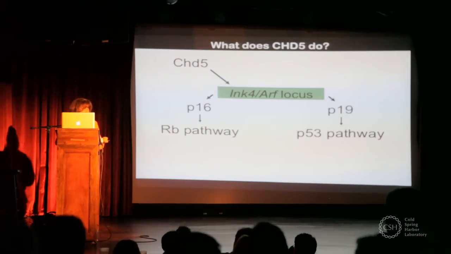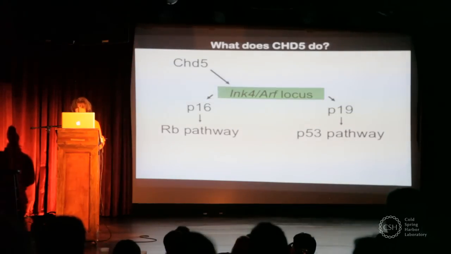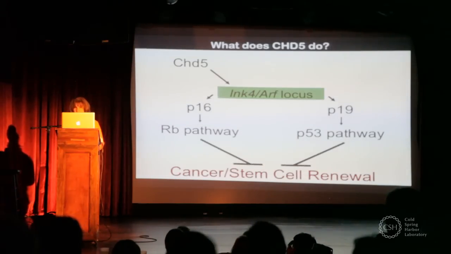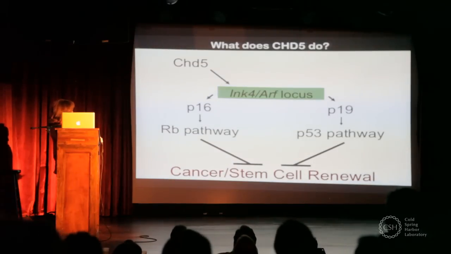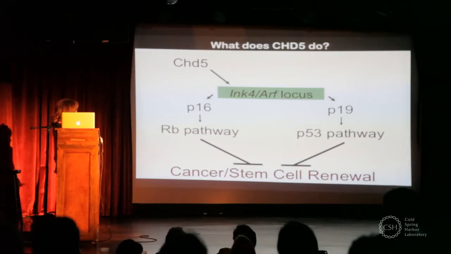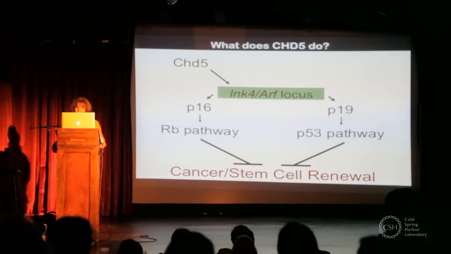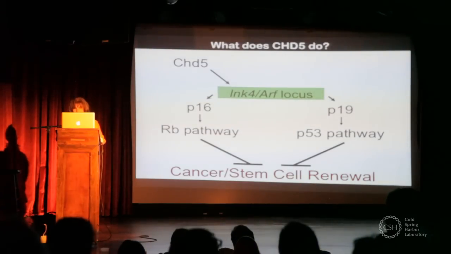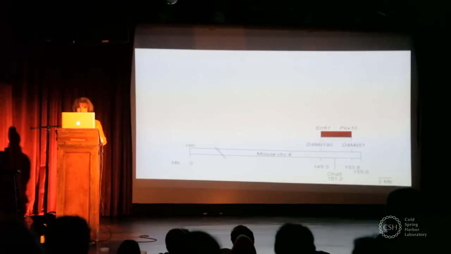Now, this is a very important tumor suppressive locus, and so turning this tumor suppressive power on is good because it inhibits cancer, and also this keeps stem cells from renewing when they shouldn't. So it keeps cancer in check. And CHD5 is a regulator of this whole network of tumor suppressors.